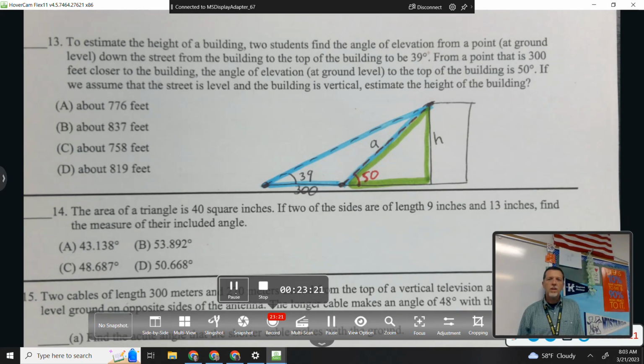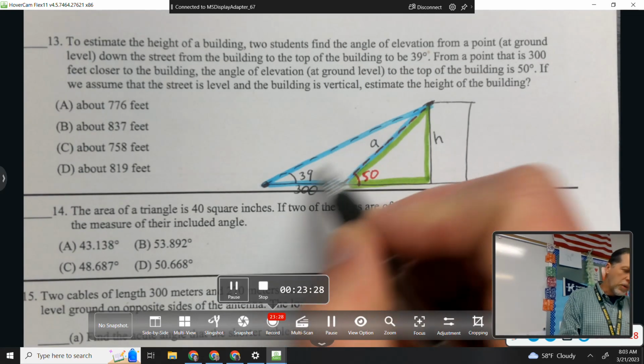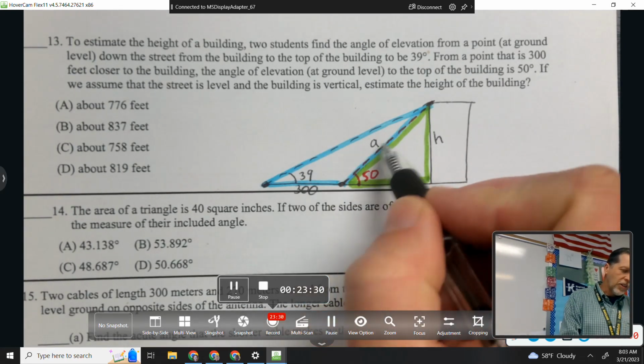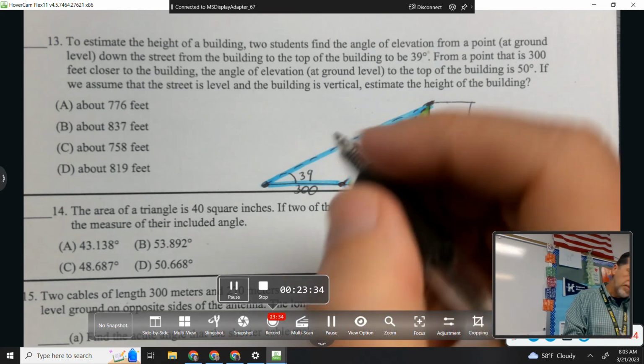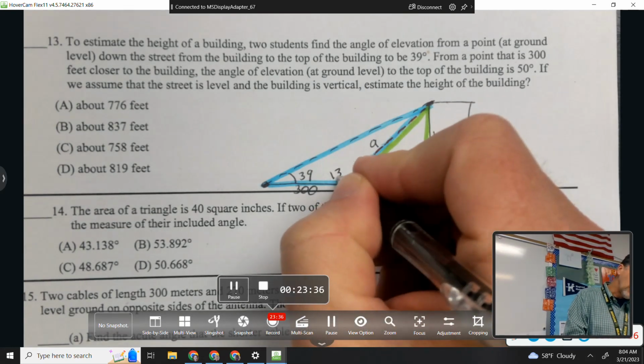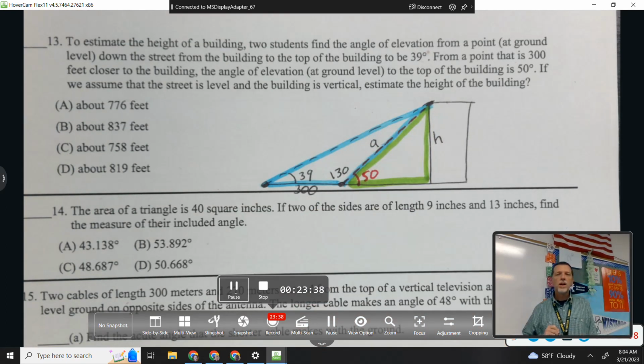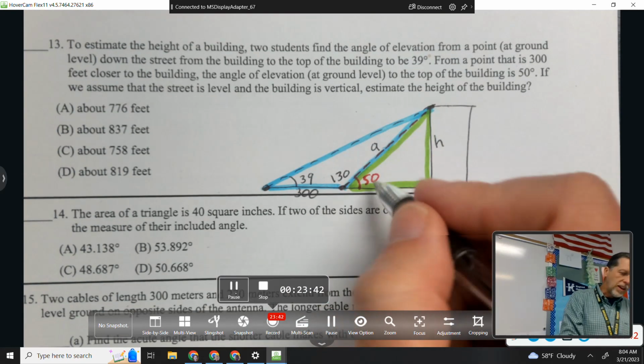Alright, so what else do I need to find? I'm thinking and hoping law of sines here because 39 and A are across from each other. 130 angle. Okay, so yeah, this is 130, because 130 and 50 got to add to 180.